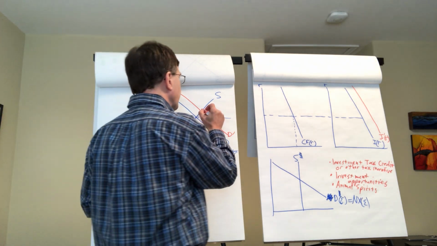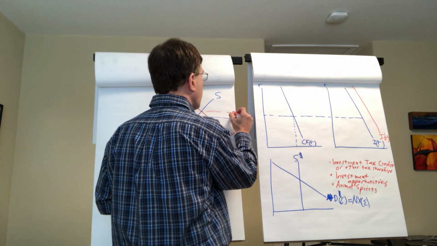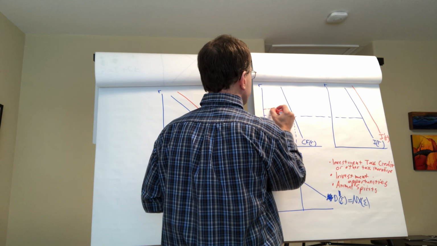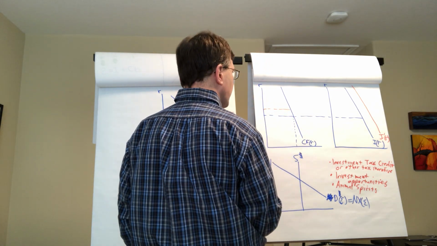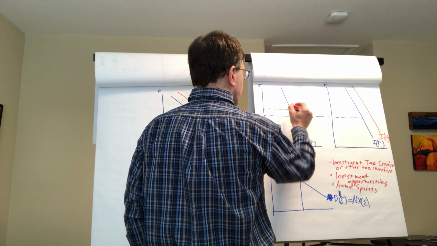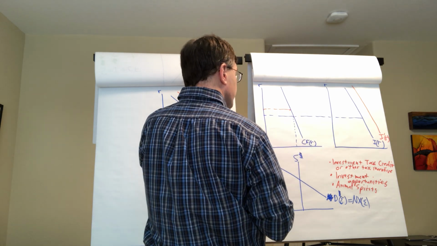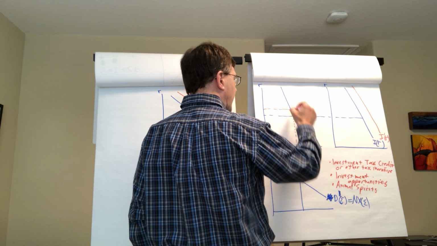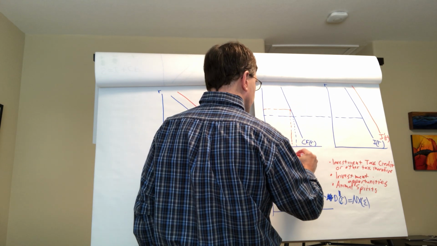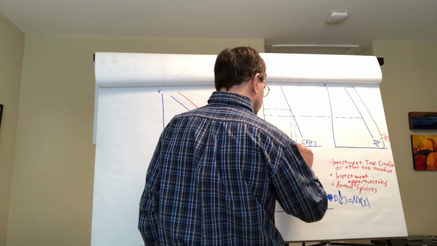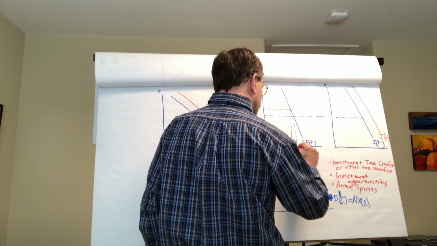Okay, interest rate went up. Interest rate went up here. The position of the capital flow curve is the same, so the quantity of capital flow goes down, so my new supply of dollars is lower.